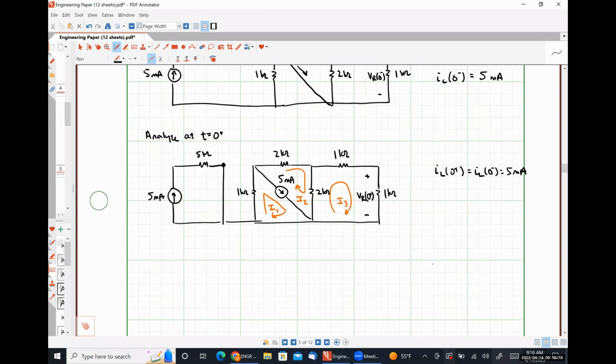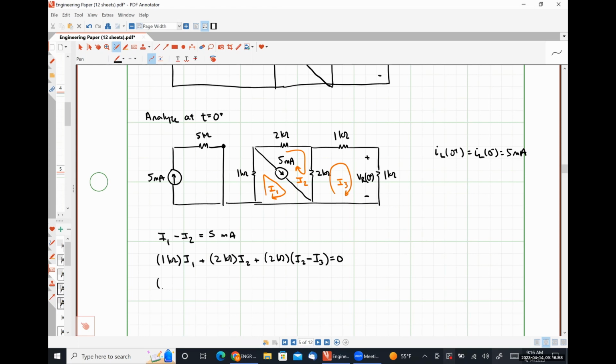So we have a current source, so we're going to have a current relationship. So I can see that I1 minus I2 is going to be 5 milliamps. And now I'm going to write a KVL equation around my super mesh. So that's going to look like 1 kilo ohm times I1 plus 2 kilo ohms times I2 plus 2 kilo ohms times (I2 minus I3) is equal to 0.